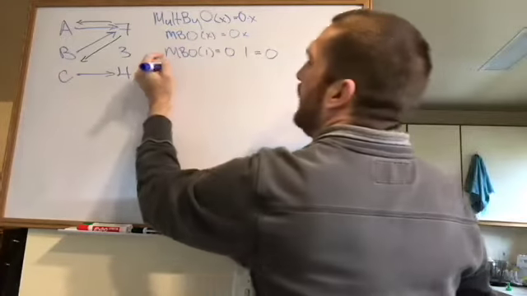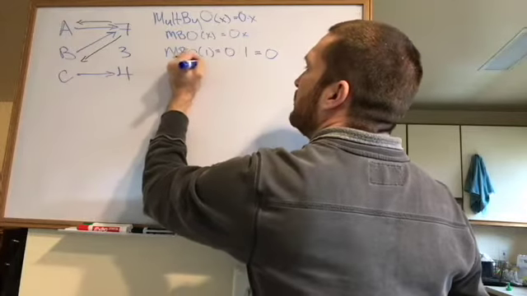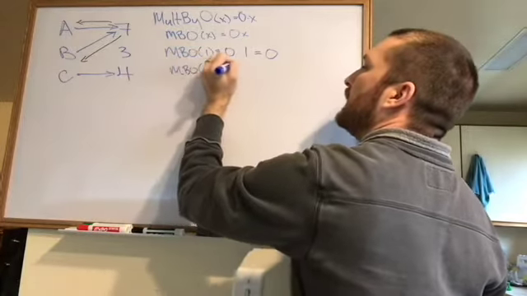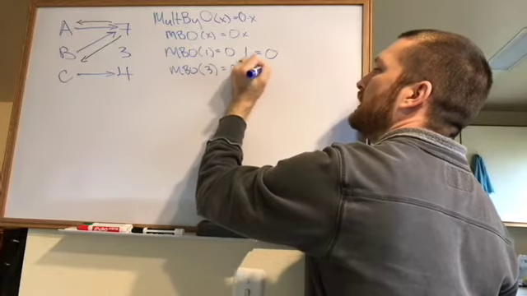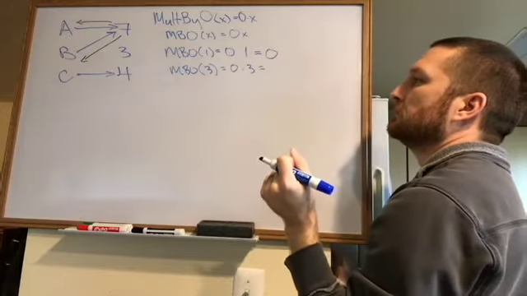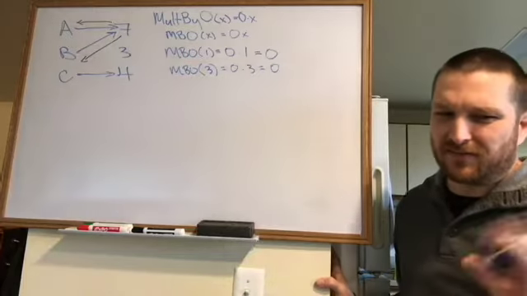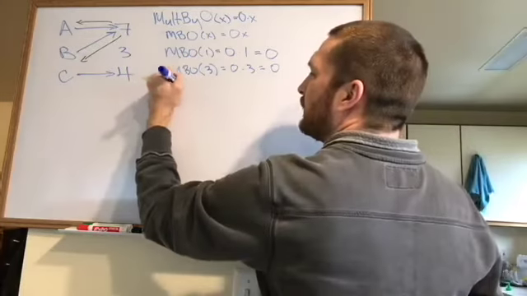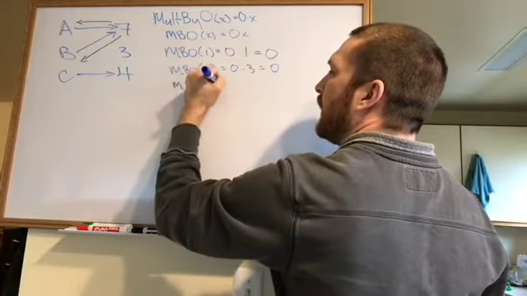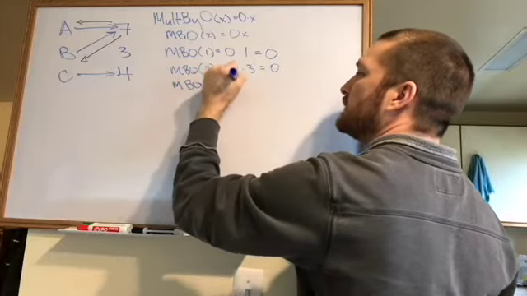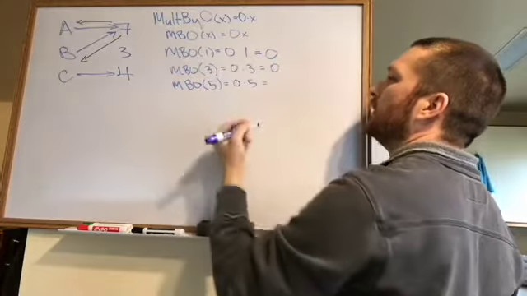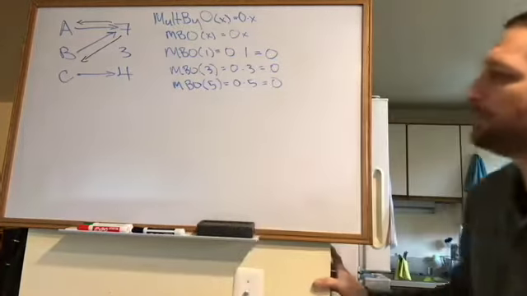Okay, so I have multiply by 0 of 3, and I get 0 times 3, and what do I get? 0. Okay, maybe we'll try one more and see if anything changes. Multiply by 0 of 5 equals 0 times 5, that's still 0.